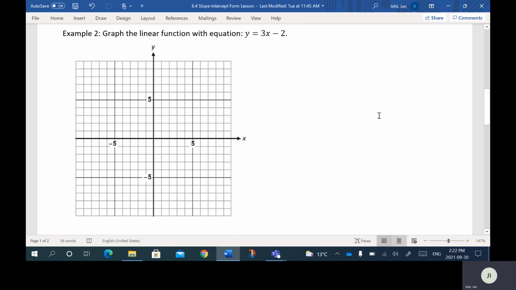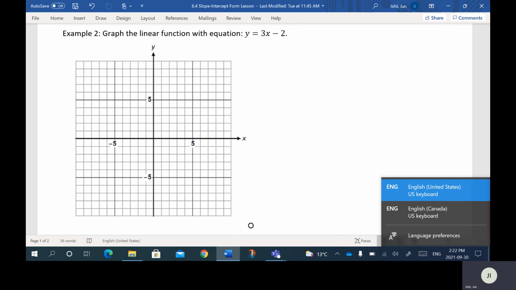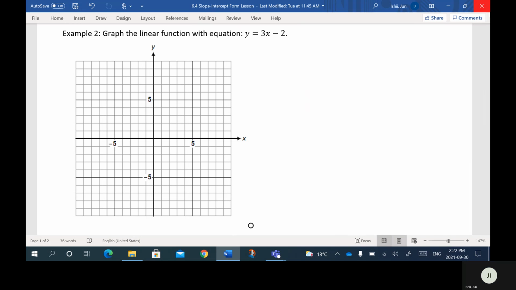So now we should be able to graph this line without actually having to make a table of values, just by reading the equation. Okay, so just from this equation, you can see that the slope is going to be 3.